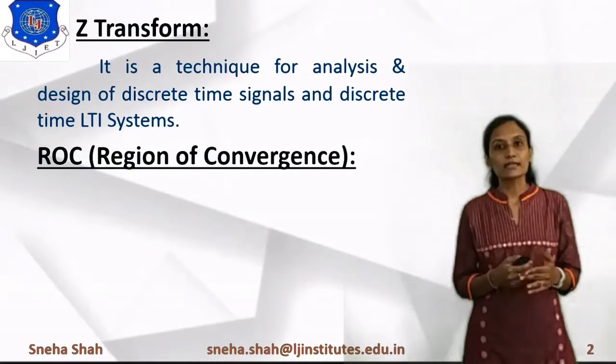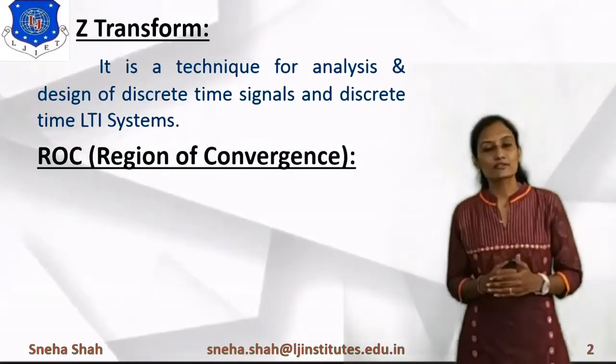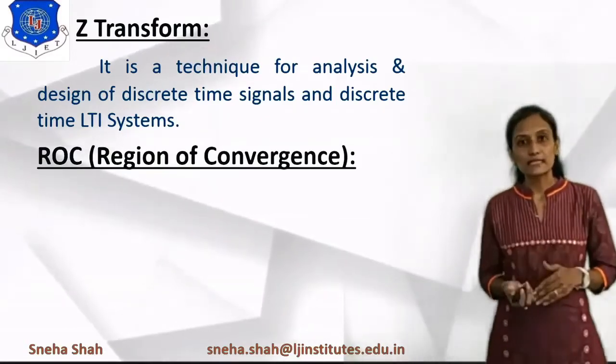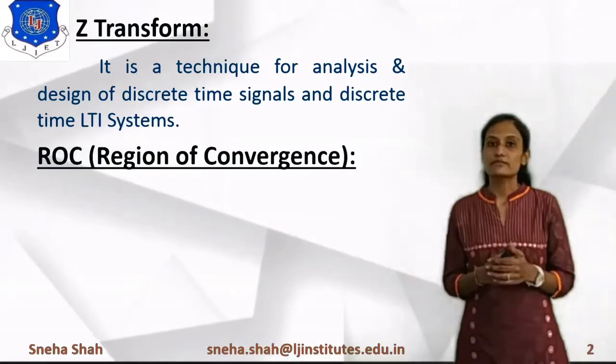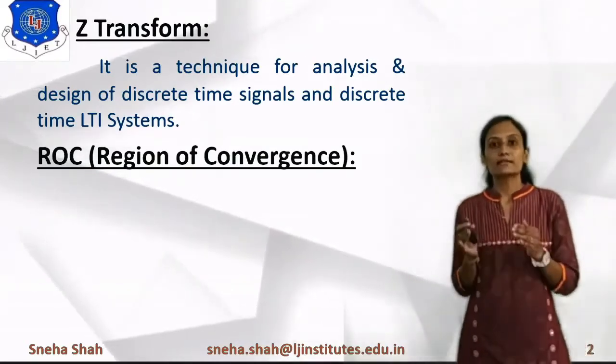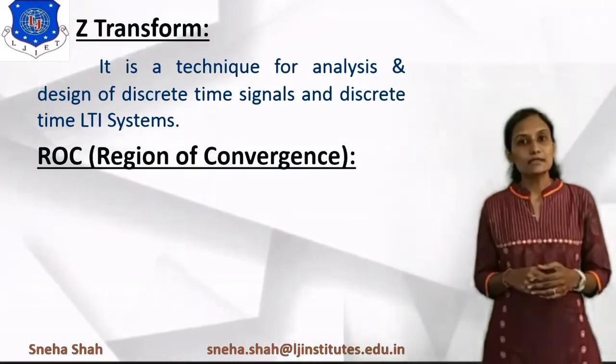Suppose we take the input sequence as x of n, and from that we find its x of z. Then in the answer of x of z we have to see for which values of z, x of z should be finite. If x of z is a finite term, then it is considered a stable system.